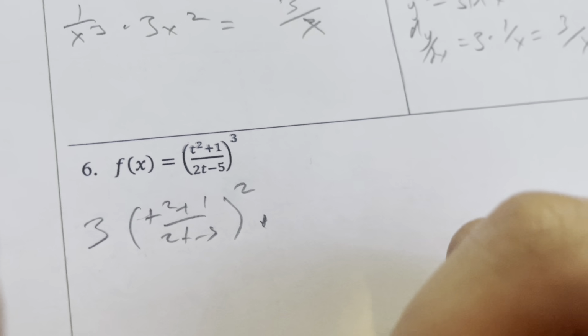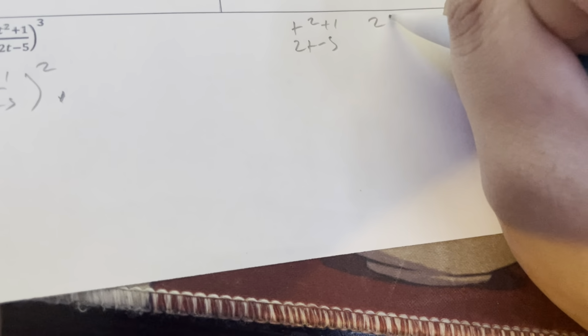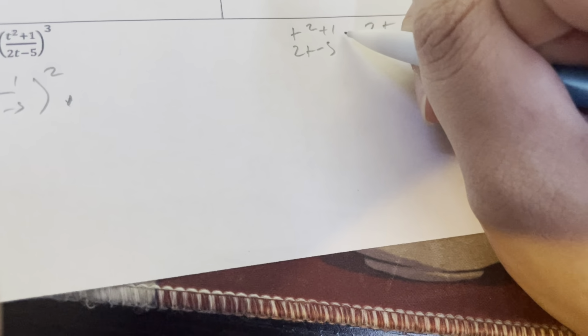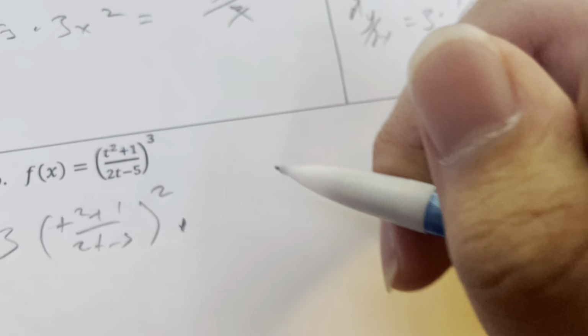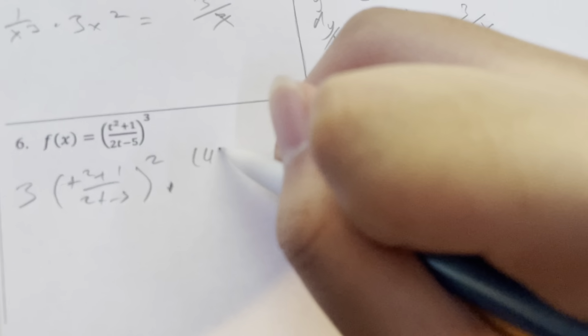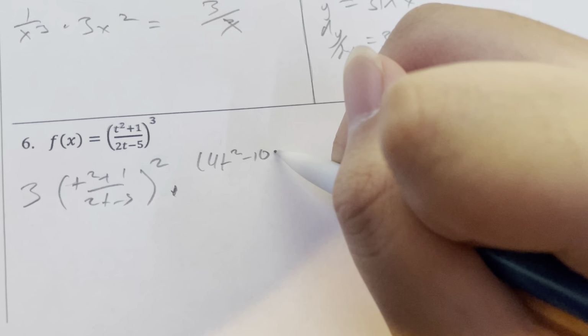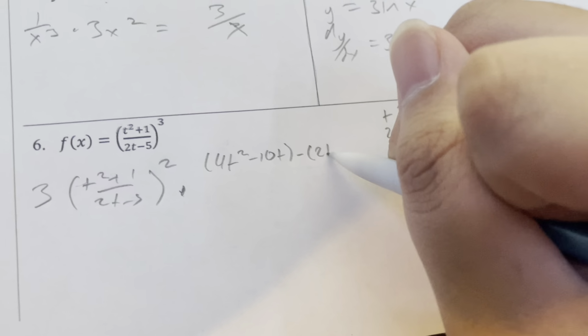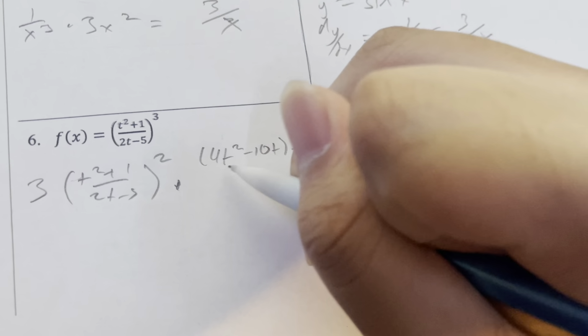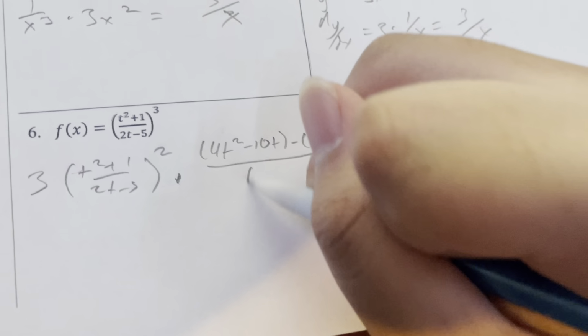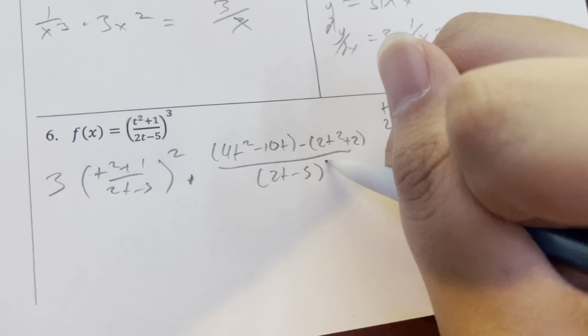To find the derivative of a fraction, we have to apply the quotient rule. We'll do that like this. 2t, cross multiply. And this will end up being 4t squared minus 10t minus 2t squared plus 2 over 2t minus 5 squared.